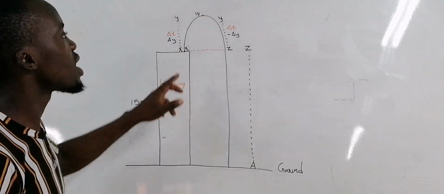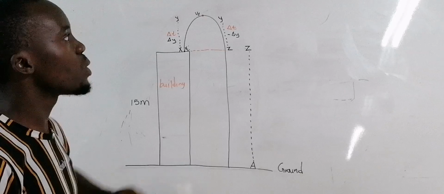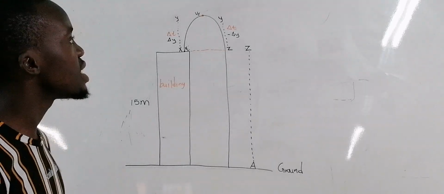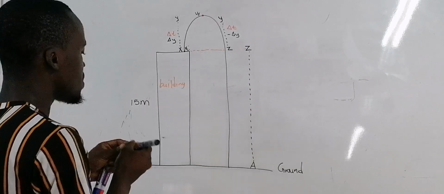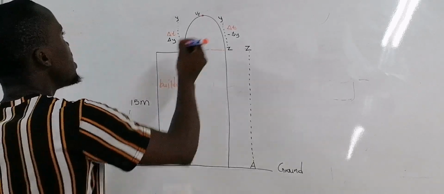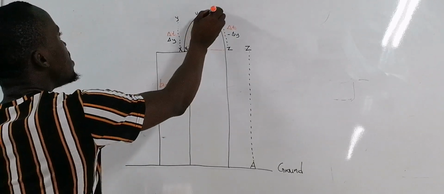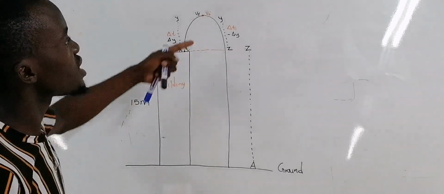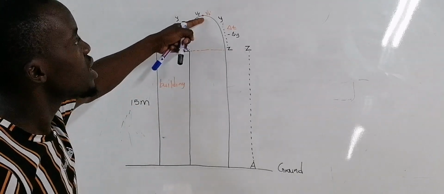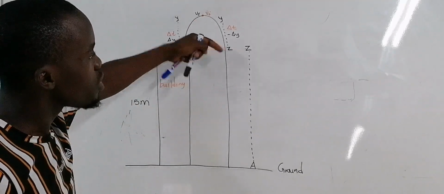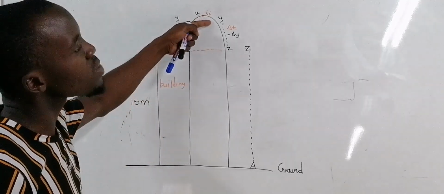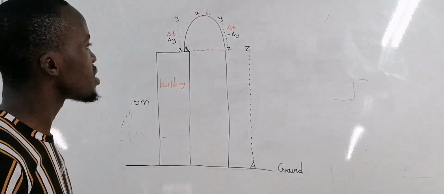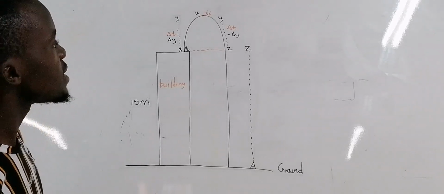We are asked to calculate V initial, yet we know that V final is 0 because it is at the maximum height. This maximum height can be either V final or V initial, because when the object leaves the maximum height to the point of projection, point Z, V initial becomes 0 because now the object looks like it is dropped. I don't know if you understand that.